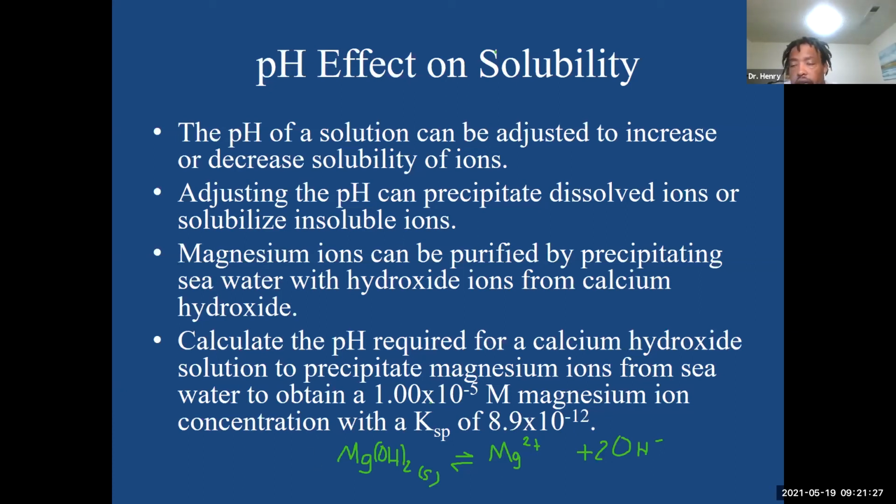So again, we're looking at this equation. If you look at the ICE table, in this case we don't take this one into consideration. This is what we want at equilibrium, right? So we'll have our ICE table.